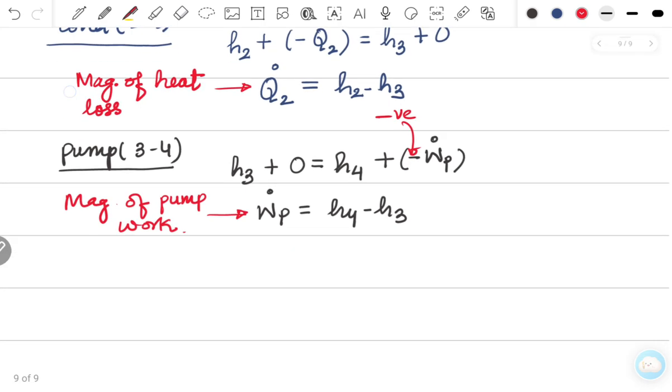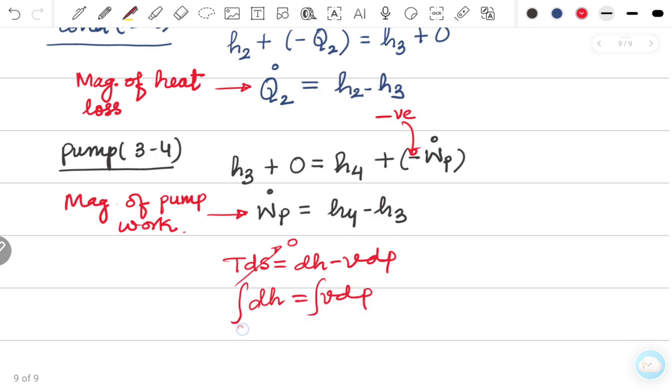If we do that, you all know that the first law when combined with the second law says that TdS is equal to dH minus VdP, isn't it? So now for reversible adiabatic, this term will be 0 and this dH will simply be equal to VdP. Very good. Now if you integrate it from 3 to 4, then what will you get?